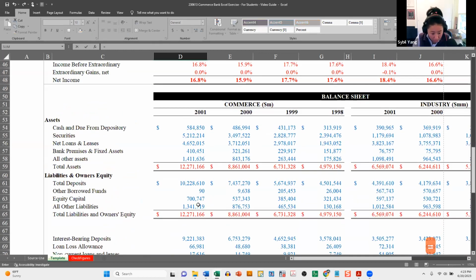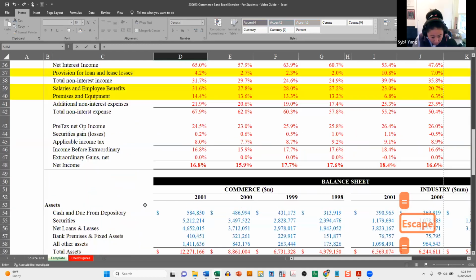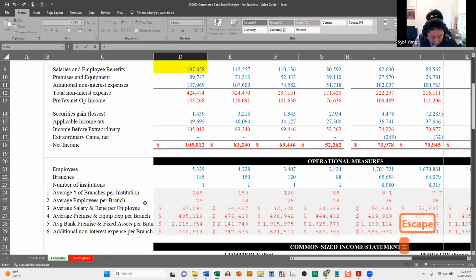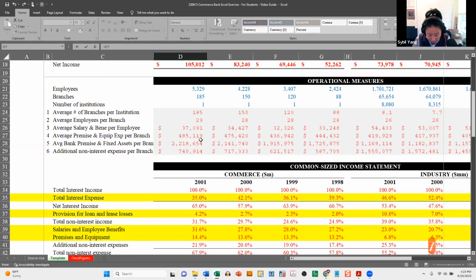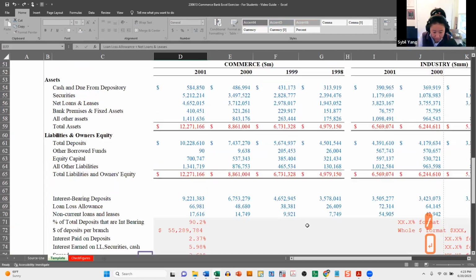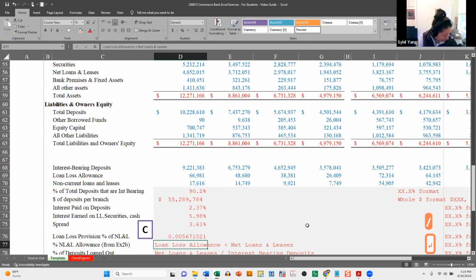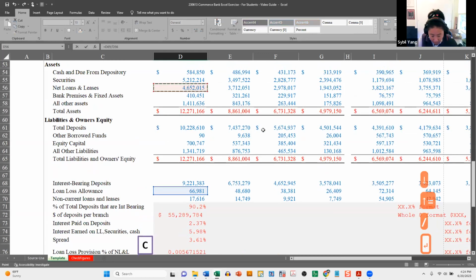So that would be provisions for loan and lease losses divided by the net loans and leases. Okay. This will be the percent of net loans and leases as an allowance, right? So that's the loan loss allowance divided by net loans and leases.